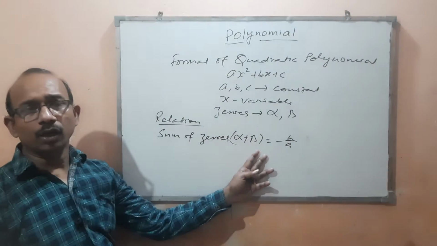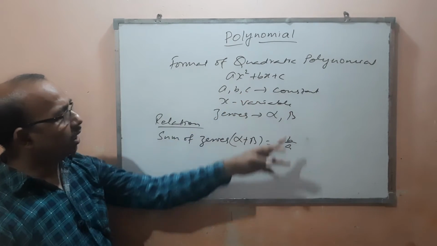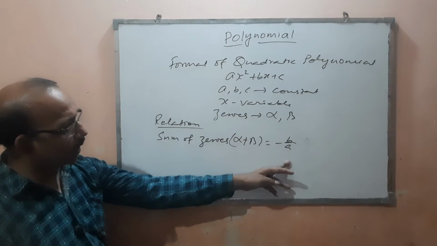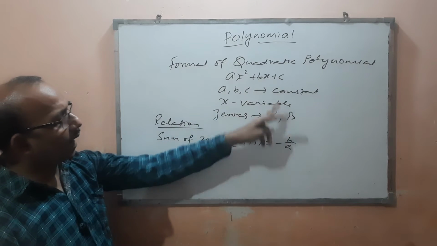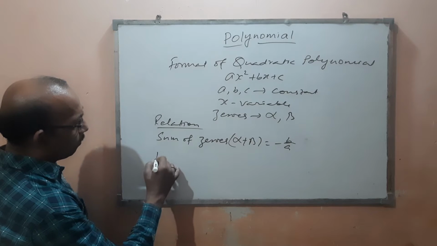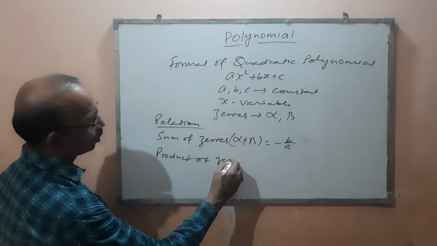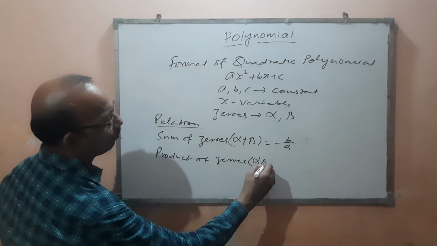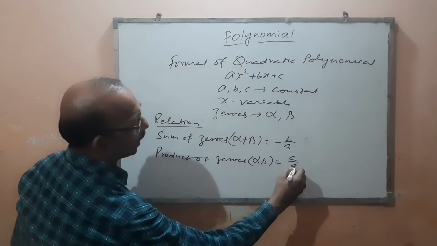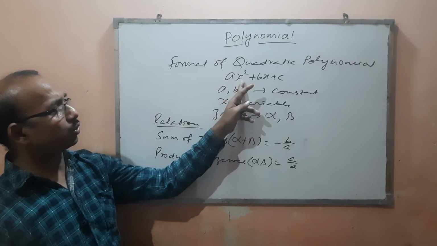Alpha and beta are the zeros of the quadratic polynomial ax square plus bx plus c, where b is the coefficient of x and a is the coefficient of x square. Secondly, the product of zeros means alpha into beta equals c upon a. c is the constant value and a is the coefficient of x square.